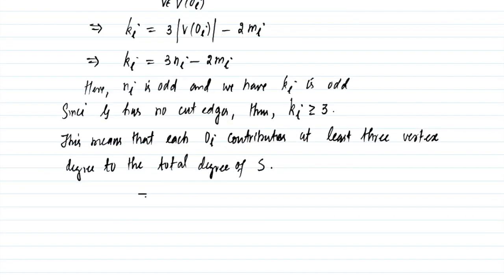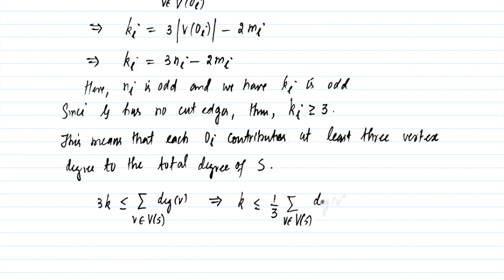Therefore, if we define the summation of degree of V, where V belongs to the vertex set of S, this will be greater than or equal to 3 times the total number of odd components, and we have assumed that the total number of odd components is equal to K. So 3 times the number of odd components is less than or equal to the total degree of S. This implies K is less than or equal to 1 divided by 3 times the summation over V belonging to the vertex set of S of degree of V. But the graph G is a 3-regular graph because it is a cubic graph, so every vertex in S has degree 3.